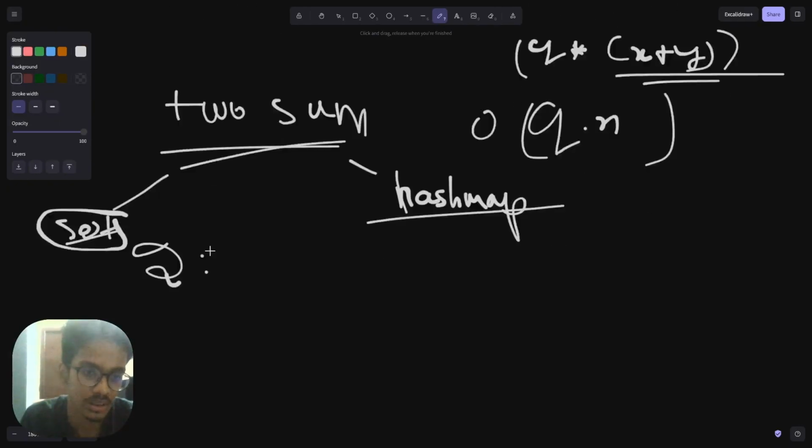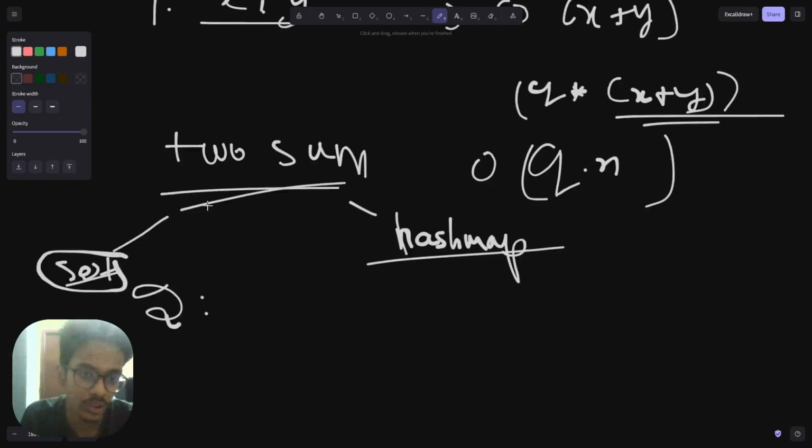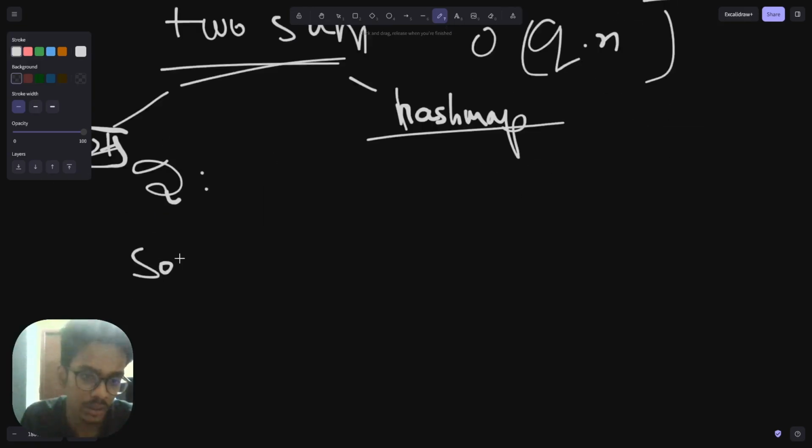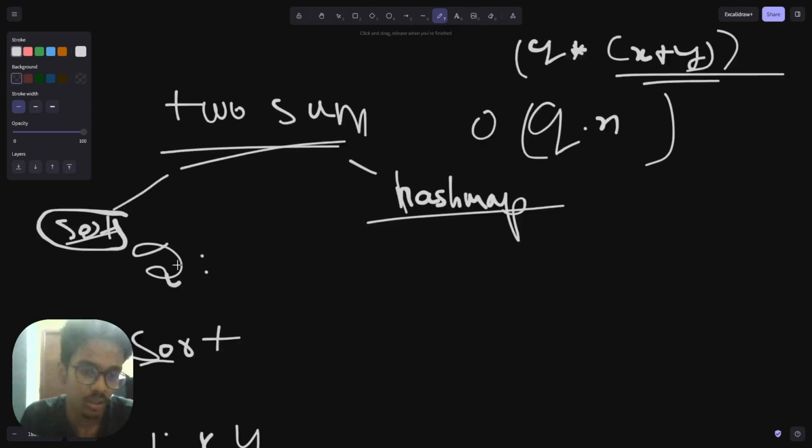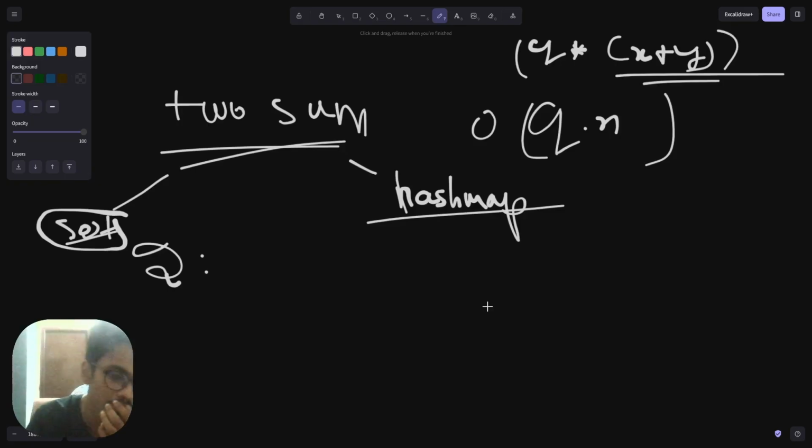When you sort this, the original array configuration is lost. So after sorting, when a type 1 query comes again where you need to add to x through y, did you get it? Why would you mess up? The ordering is changed, and x and y would reflect something else. So sorting is a bad idea. Hash map then.